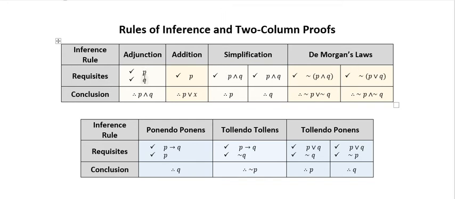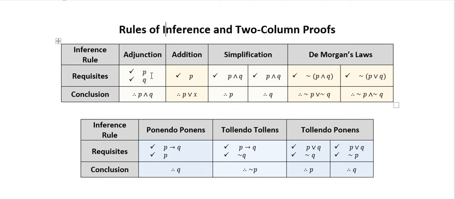These things that we have in here, with the checks, are the requisites that you need in order to use that inference rule. Usually, in some textbooks, they just call them premises instead of requisites. I will use the word requisite in this case because we're not solving an exercise, we're not working on a particular proof right now, so technically they're not premises because we don't have them.